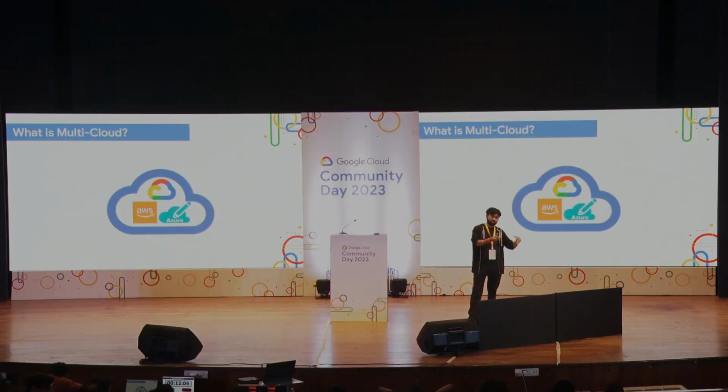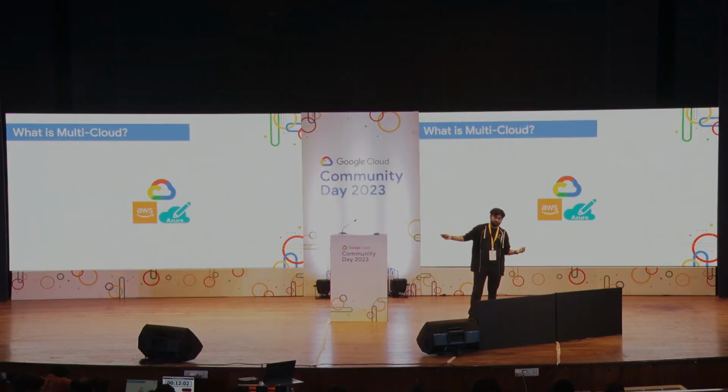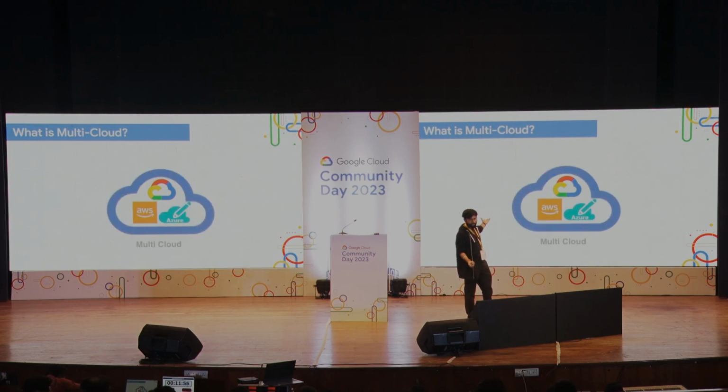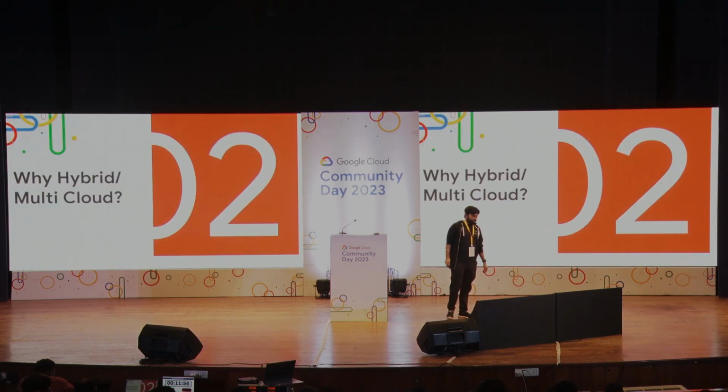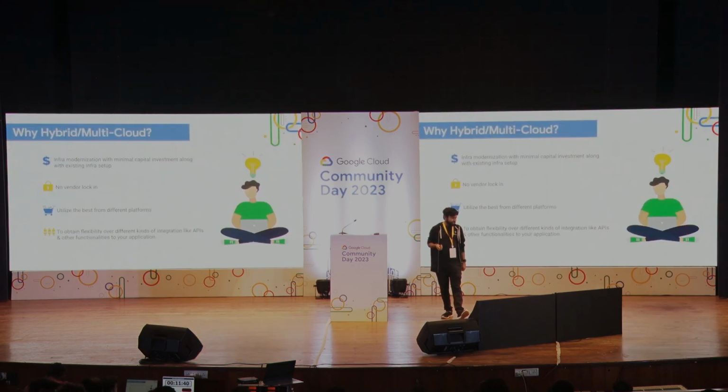In the same manner, if I have some workloads in AWS, some workloads in Azure, and some in GCP, and if I combine all three, it is called multi-cloud, right? This is very fascinating, right? I have different cloud platforms and I am combining those platforms in one place. Seems amazing, right? But let's see why we require hybrid and multi-cloud.